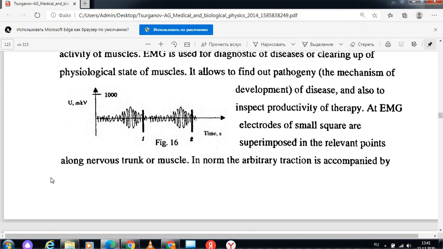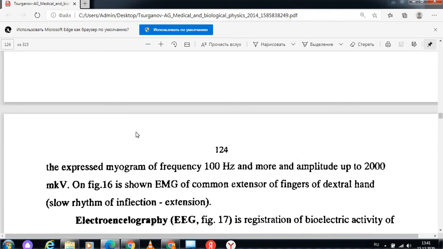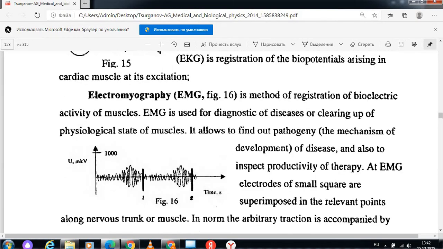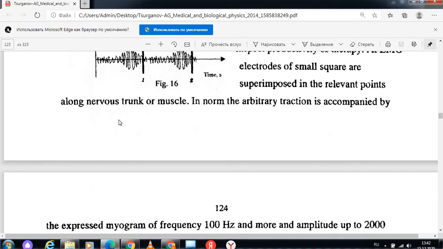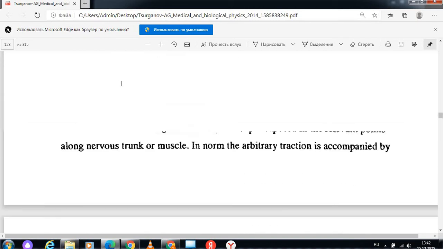On figure 16 here again we can show an electromyogram of the common extensor of the fingers, a registration of bioelectrical activity of the muscles, the common extensor of the fingers of the right hand, slow rhythm of inflection, extension.